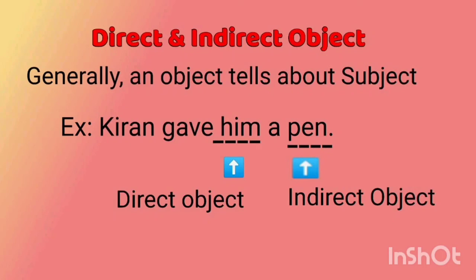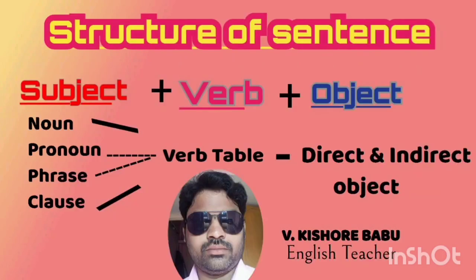What has he given to him? A pen. Indirect object. An object can be a noun, a phrase, a pronoun, or something else. So subject, verb and object complete the sentence structure, to speak melodiously and beautifully in your conversations.